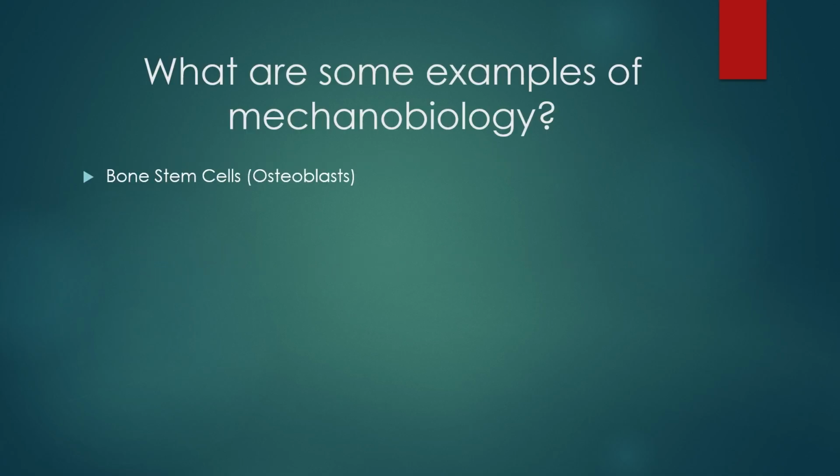So, some examples of this are bone cells, osteoblasts. These are cells in the bone that lay down new bone material, so they're producing the bones, increasing the bone density. How do they know to lay down more bone?